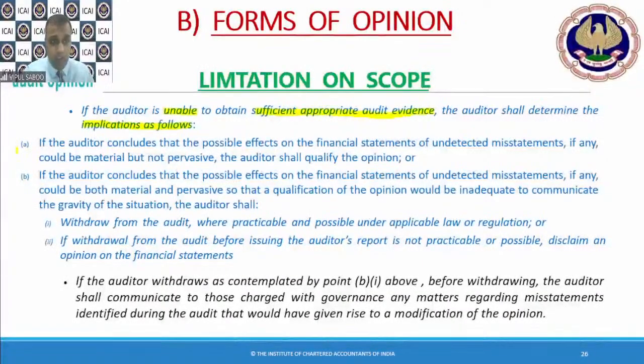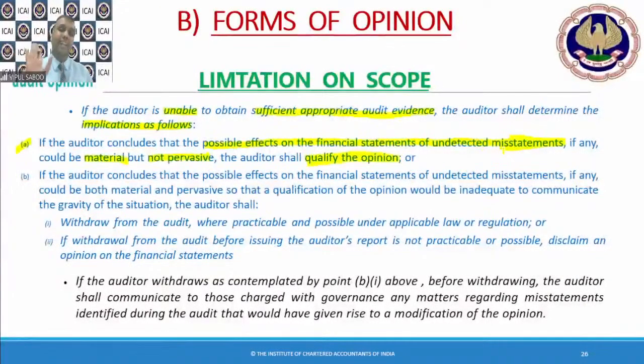First implication: if the auditor concludes that the possible effects on the financial statements of undetected misstatements, due to the paucity of audit evidence, could be material but not pervasive, he will qualify his opinion.